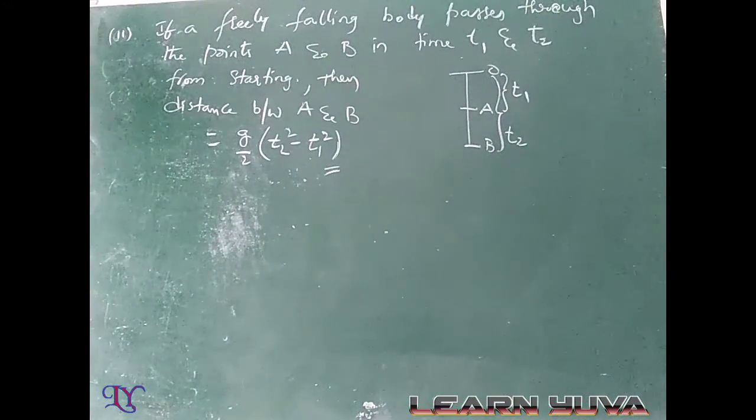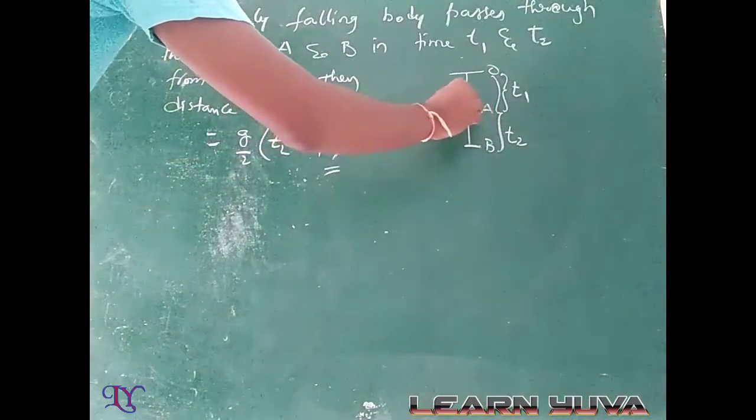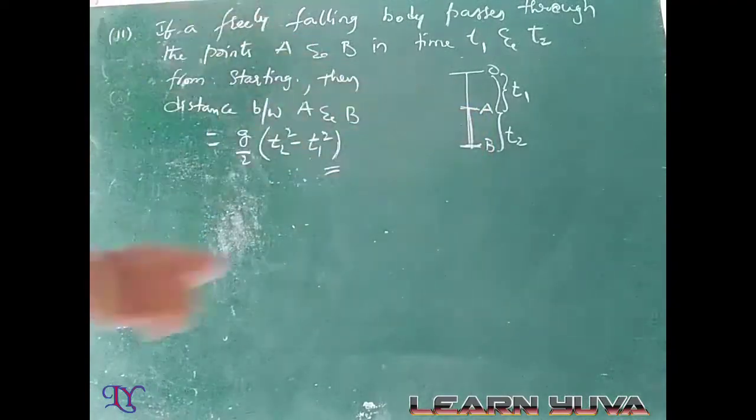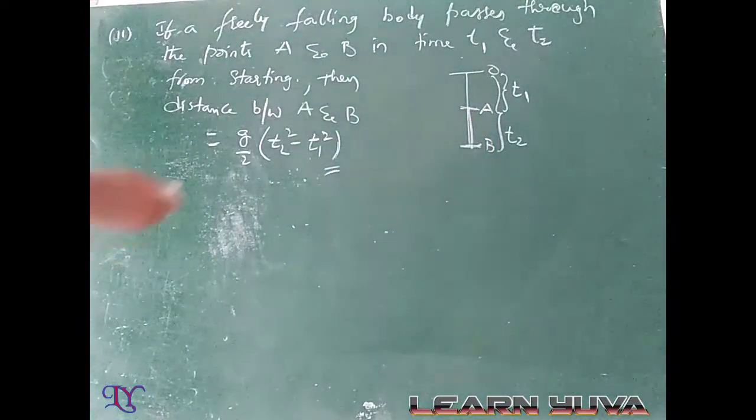Then, if you want to know the distance between these two points A and B, the formula is g by 2 of (t2 square minus t1 square). If you apply this formula, you will get the distance between A and B.